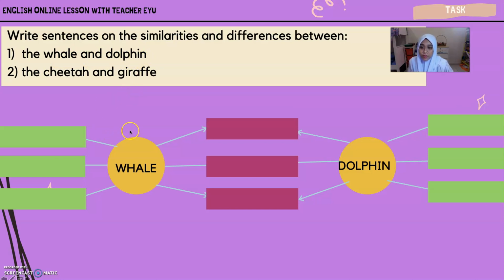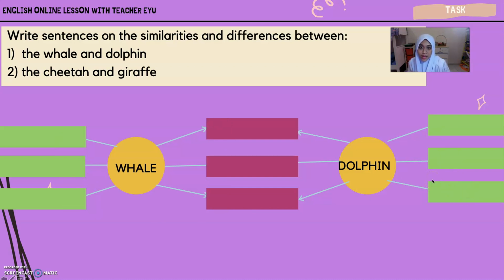Firstly, do this double bubble map. Compare and contrast the two animals. For example, firstly you write whale, and then here you write dolphin. Here you put all the similarities. Sini semua similarities. The green space here are all the differences.